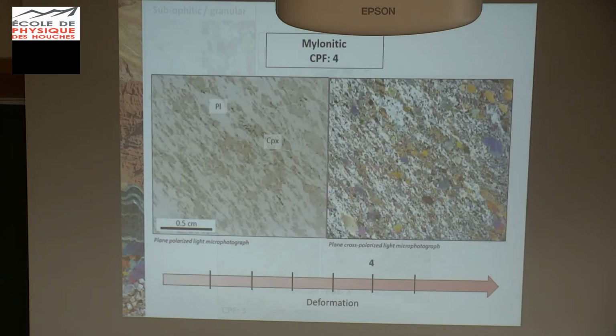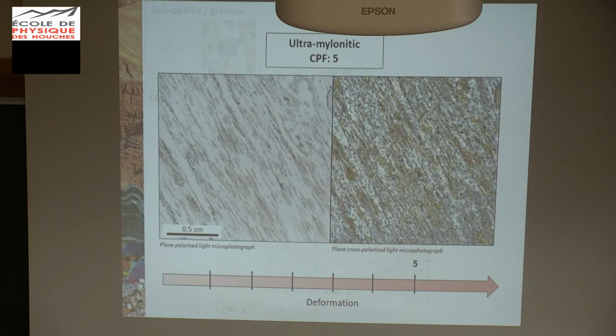A further increase in deformation leads to a mylonitic microstructure where almost all of the grains are recrystallized, and we also see a decrease in average grain size, as well as the development of a foliation in samples. And the last step is a further decrease of average grain size and an increase in development of the foliation we see in gabbros.